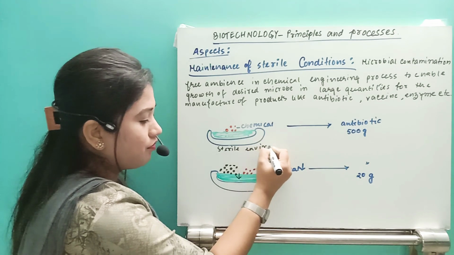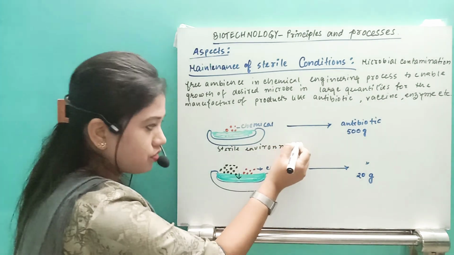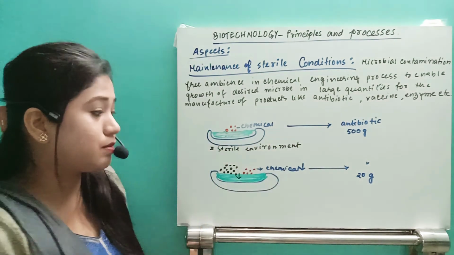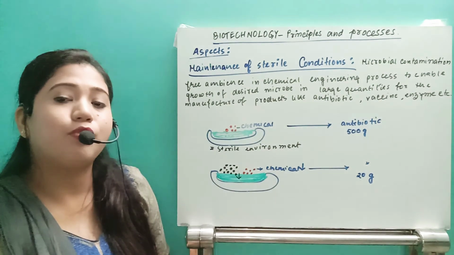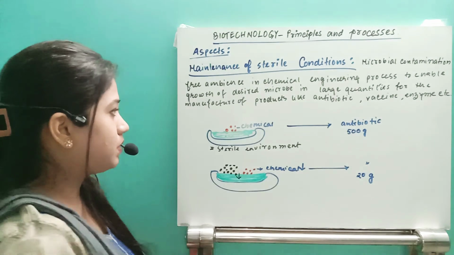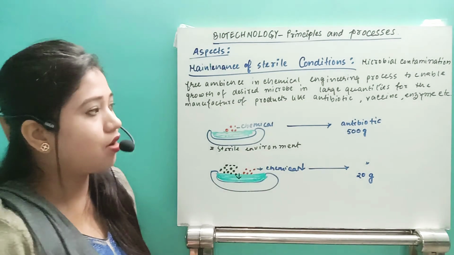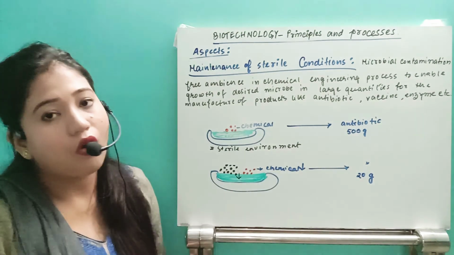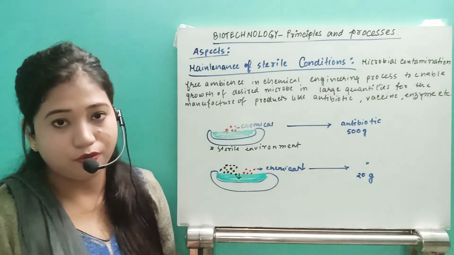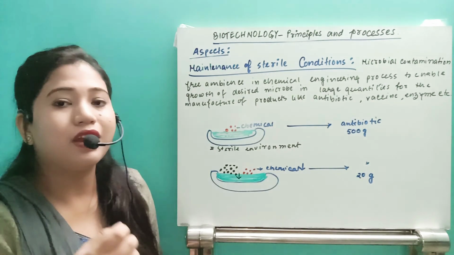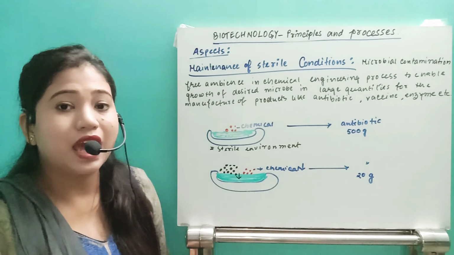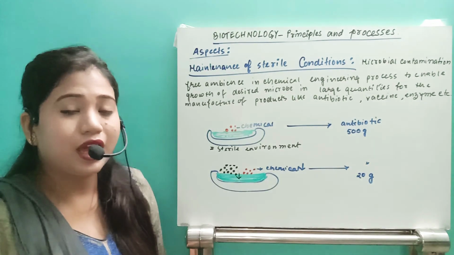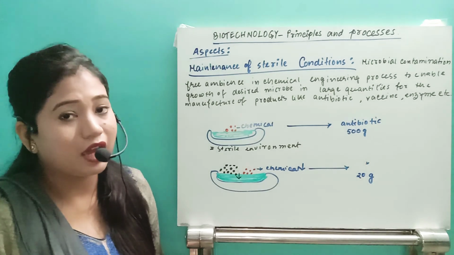So it is very important to know that maintenance of a sterile environment is necessary for the production of anything. That means for the production of antibiotic, vaccine or enzyme. Every time, all equipment has to be thoroughly rinsed with alcohol, so that no microorganism can grow.